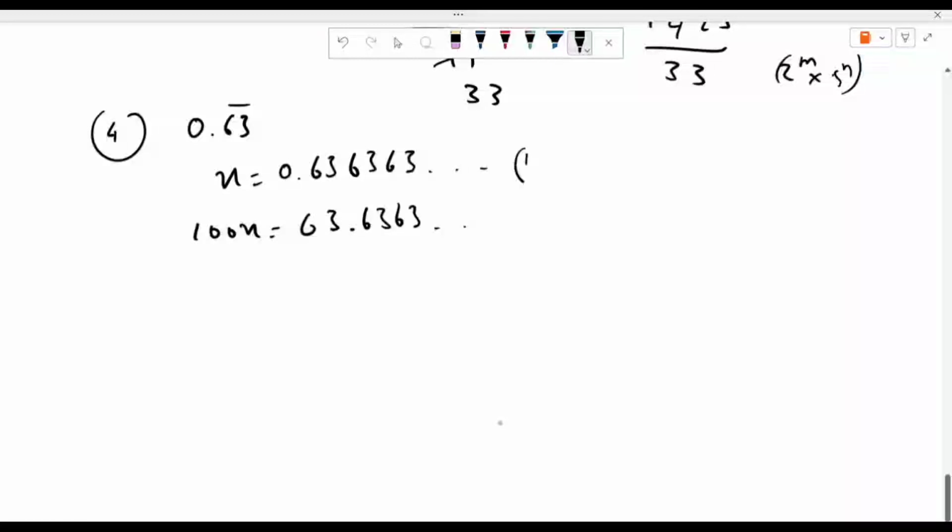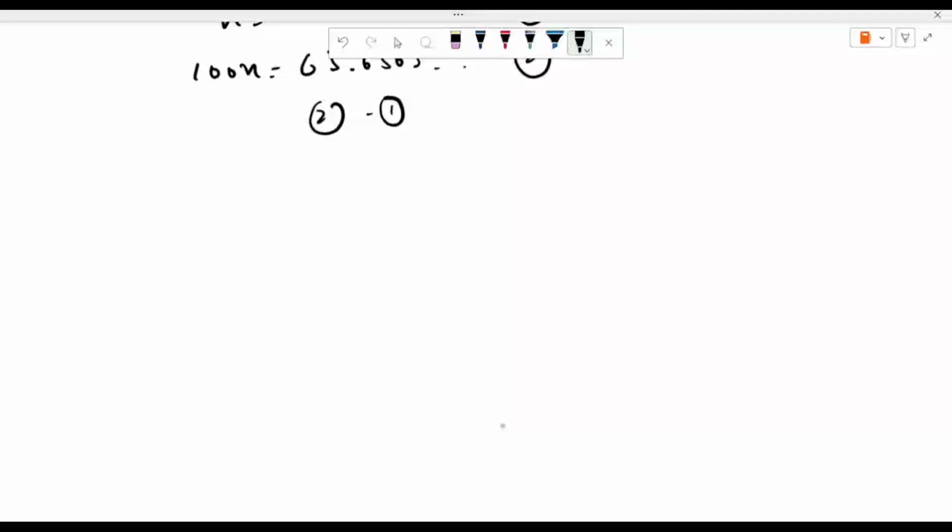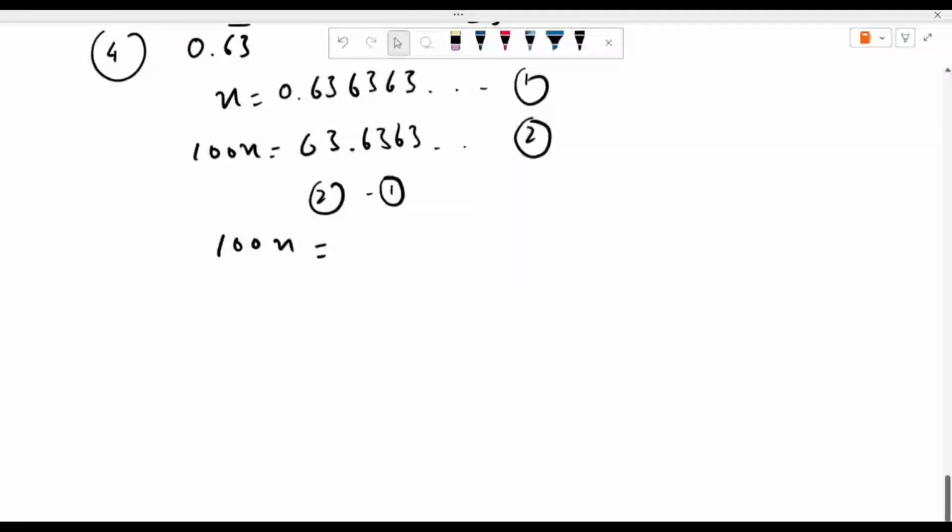I will mark equation number 1, equation number 2. I will do 2 minus 1, so 100x equals 63.636363 and so on, and x equals 0.636363 and so on.